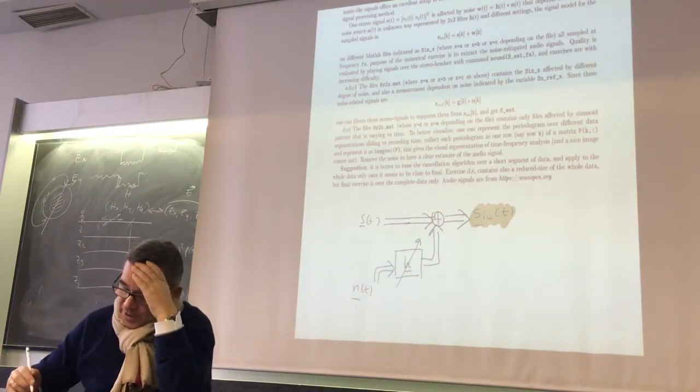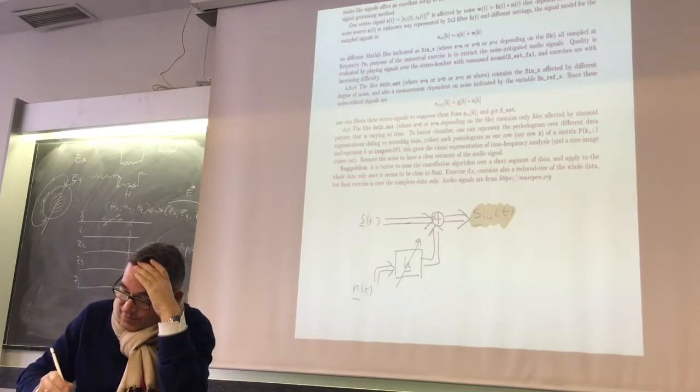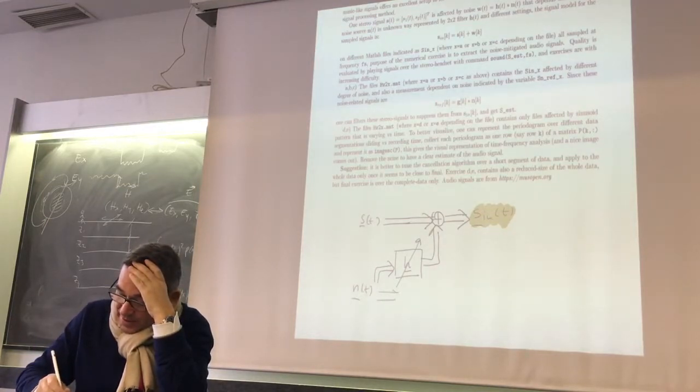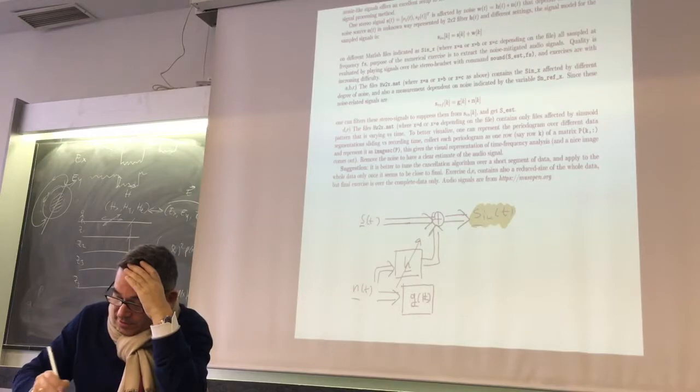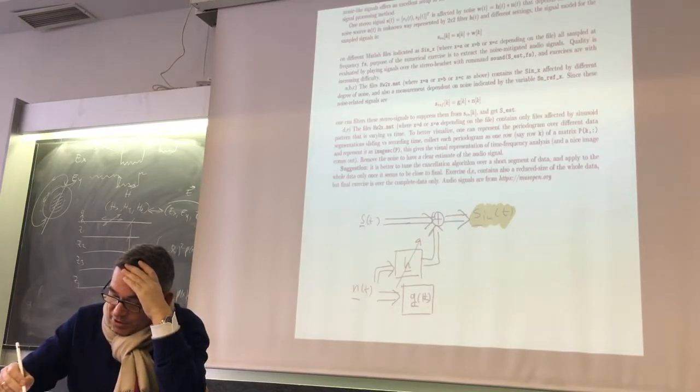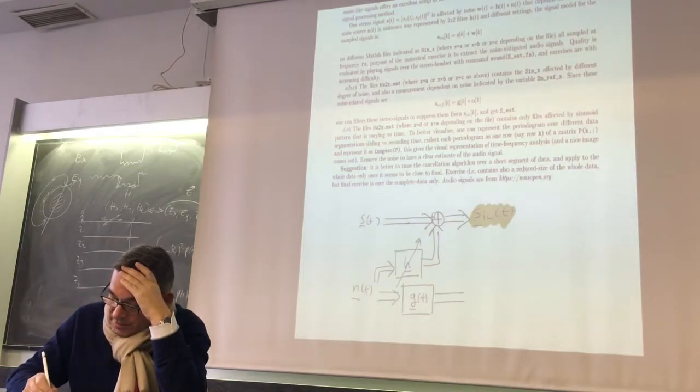Now what I do is that I take a reference, and the reference is obtained by taking noise n, which is never measured, having the filter G(t), and this one is set as reference.